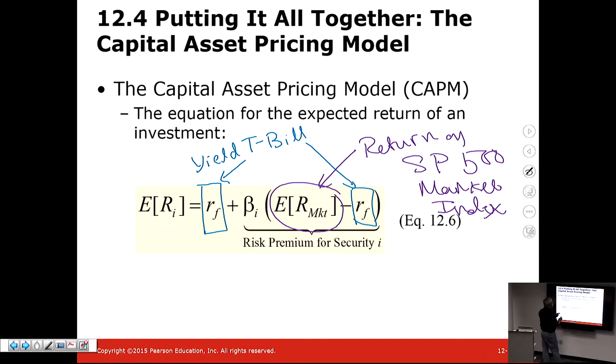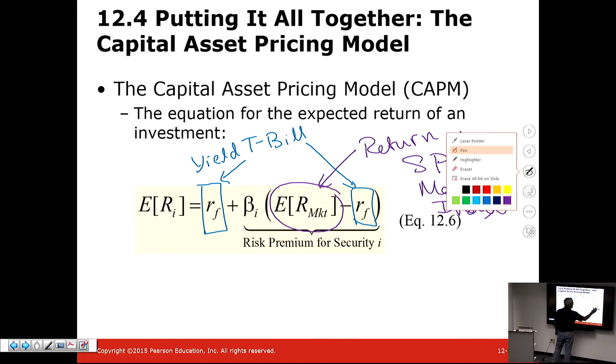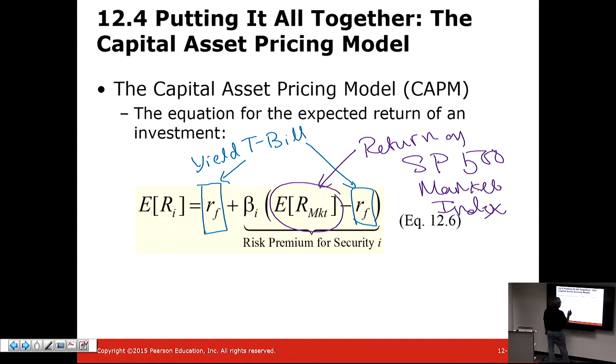So what's unique then? How will the return on Apple differ from the return on Microsoft? Well, the difference will be based on their betas. So when I have the beta for Apple, which would be unique to Apple, I will get the expected return for Apple. When I substitute the beta for GE, I will get the expected return for GE.